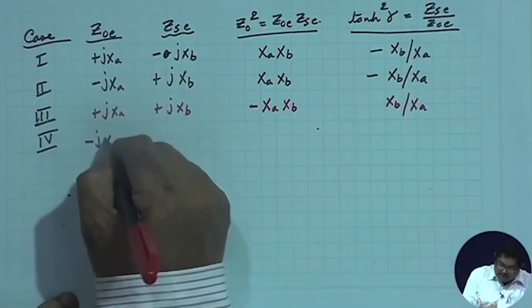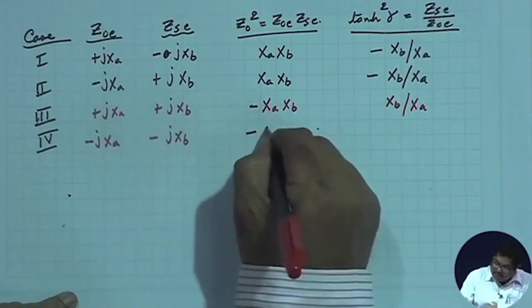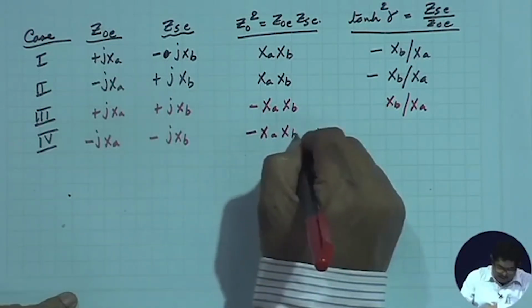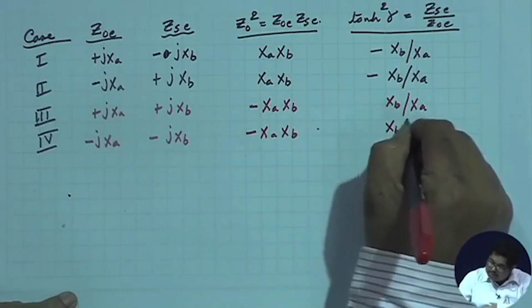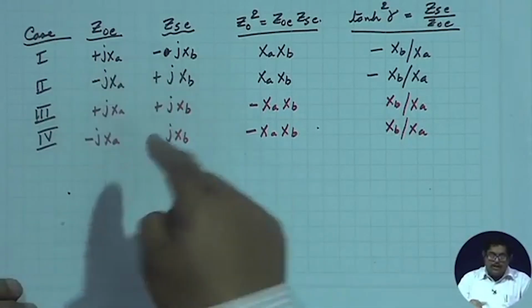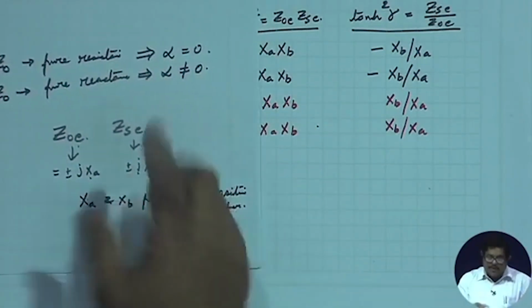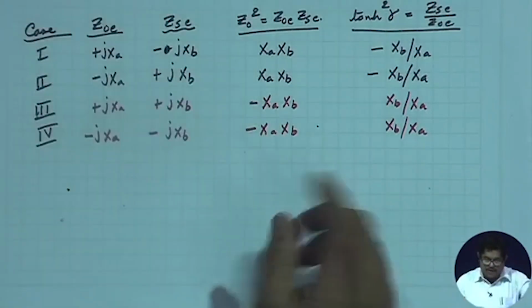This is minus jXA minus jXB, minus XAXB, XB by XA. So, you see that time I said I have these possibilities. So, I have taken all permutations of these.